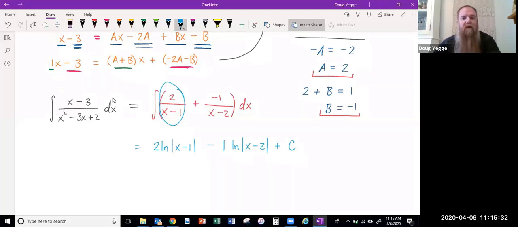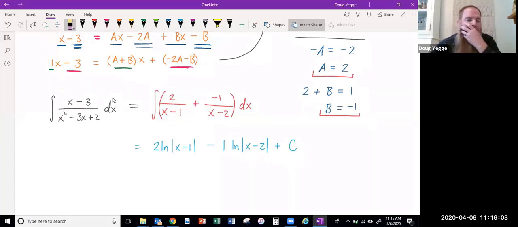This is a brand new method of being able to decompose. We call that partial fraction decomposition, because we started with a single fraction and decomposed it into its partial fractions. Everybody cool with that? Any questions? Right on.